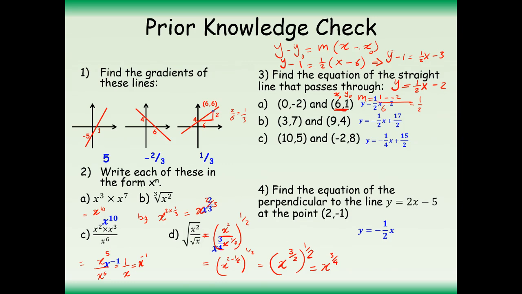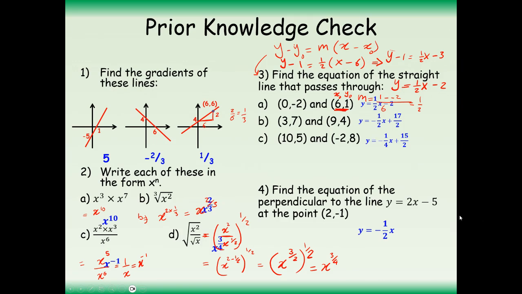For question 3, we are applying the equation of a straight line rule. We learned this in chapter 5. I hope you still remember that. You calculate the gradient from two coordinates by taking the difference in y divided by the difference in x.